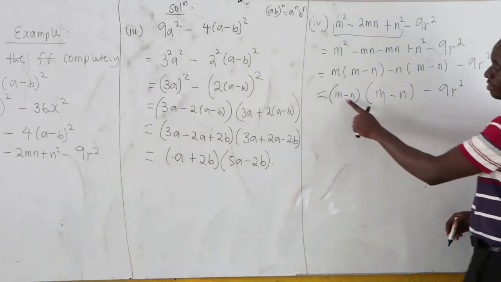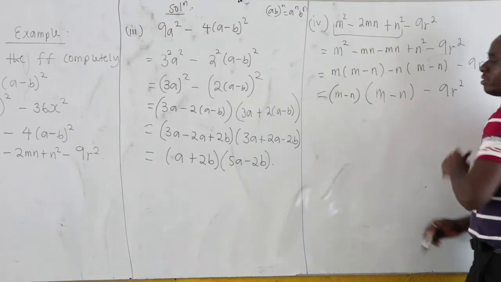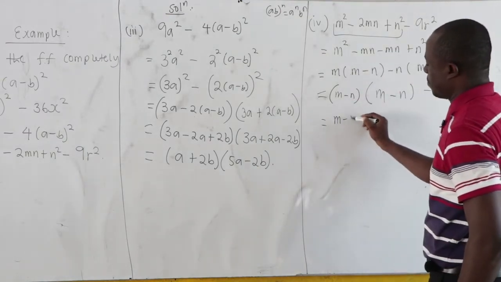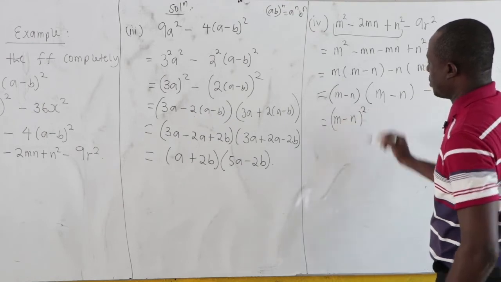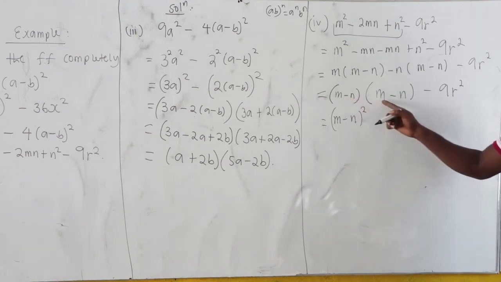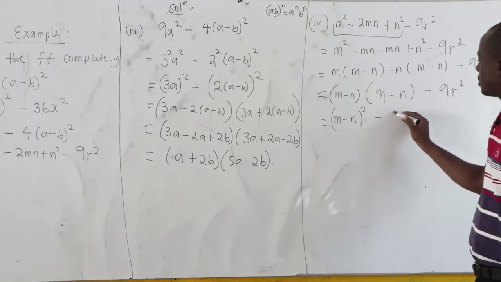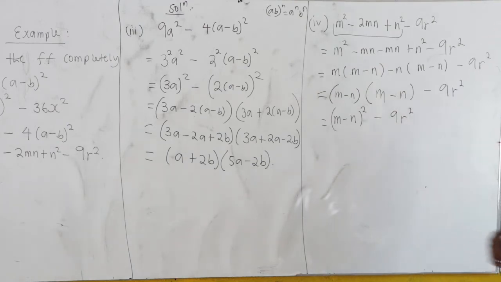Now from here, (m − n) and (m − n), the bases are the same. This to the power 1, this to the power 1. So this is just (m − n) to the power 1 + 1, which is equal to 2. a times a is a². So (m − n) times (m − n) is (m − n)², minus 9r². What can we see? A difference of two squares.